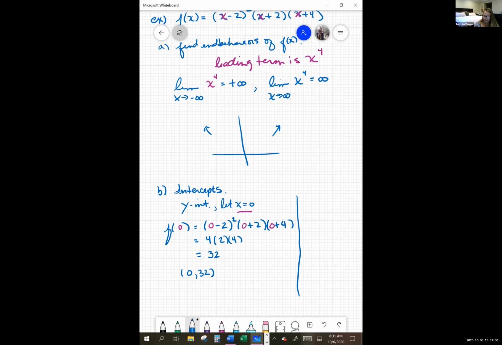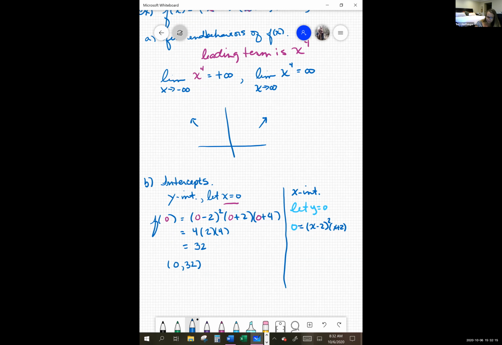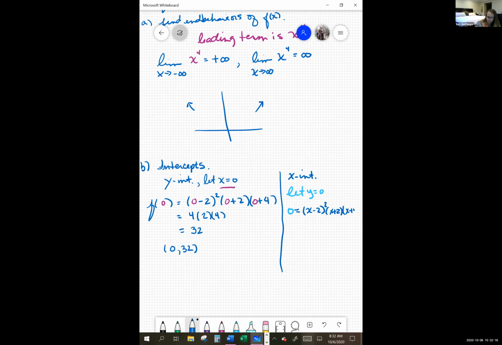And the x-intercepts: set this equal to 0. So we're looking at let y equal 0. So we get 0 is equal to x minus 2 quantity squared, x plus 2, x plus 4. So the x-intercepts will be, well, it's already factored.